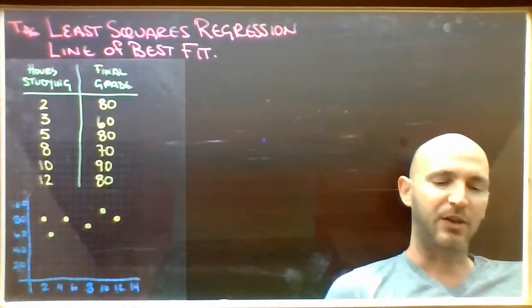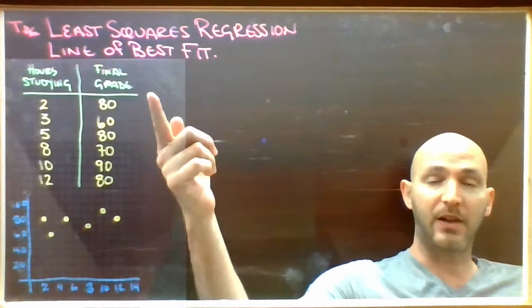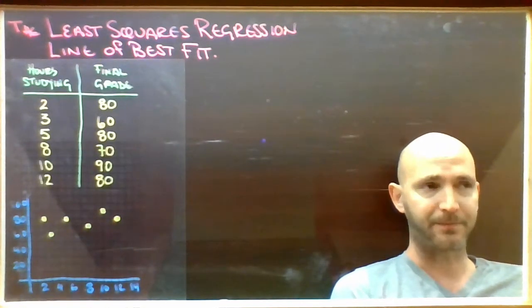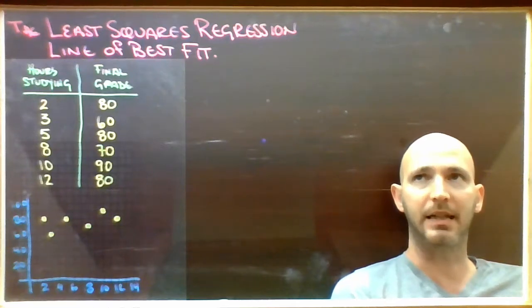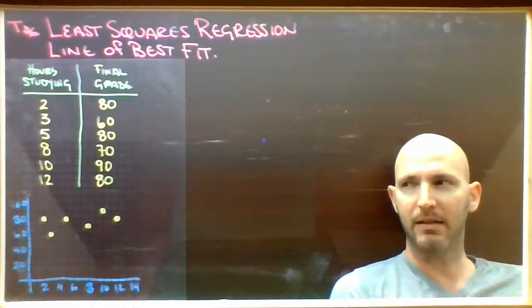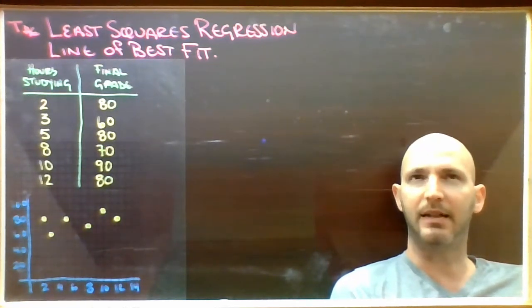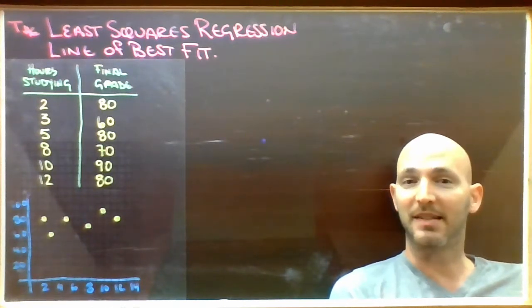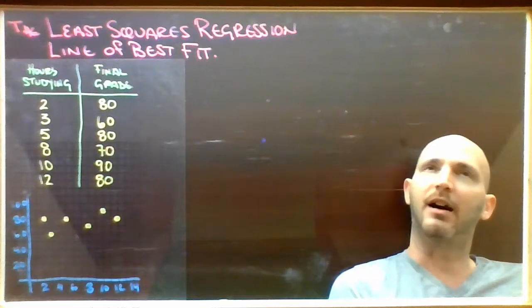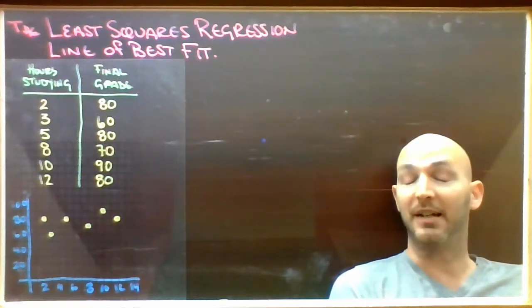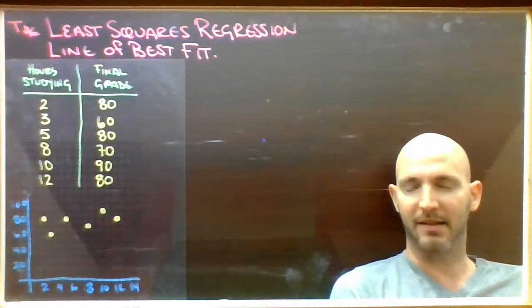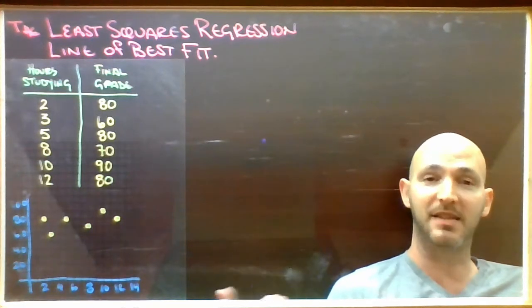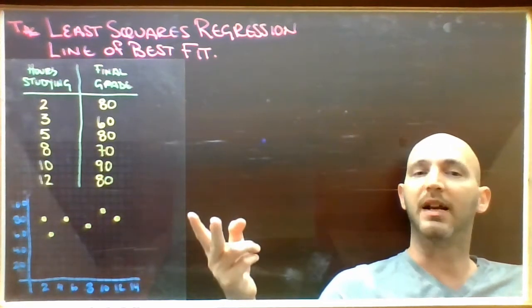If I were to tell you that we were comparing final grades with hours studying, you'd have to ask yourself, does more time studying have an effect on my grade, or does my grade have an effect on how much time I spend studying? And I think the idea anyway, perhaps I'm biased as an educator, to press upon you is that the more time you spend studying, the better your grades will be.